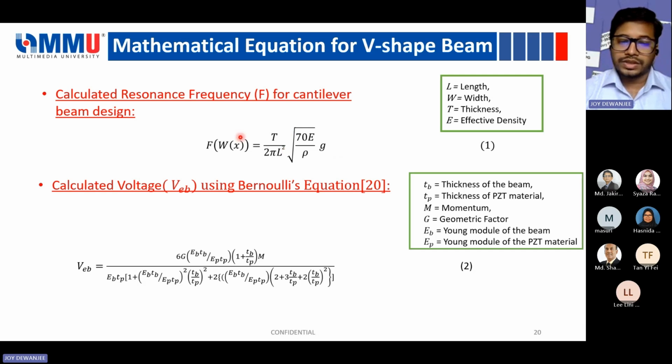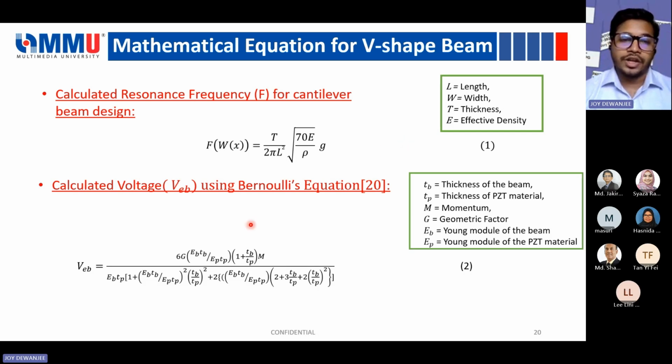We considered the frequency and also the calculation of voltage. We used two equations. One is the frequency equation, f equals to p divided by 2 pi l square, times the root over 70 e divided by rho into g, where l is the length, w is the width, t is the thickness, and e is the effective density.